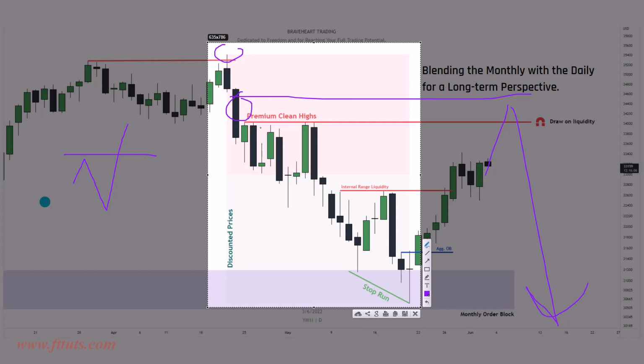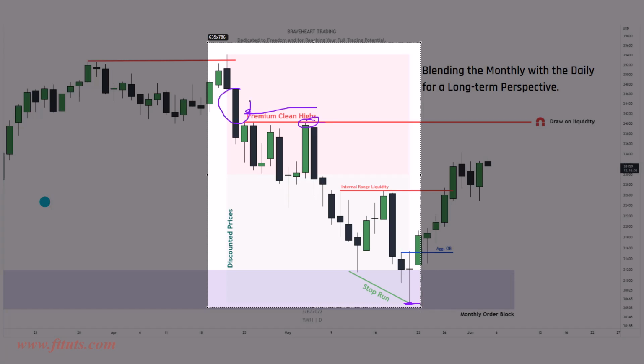And this is internal range liquidity. But if you're using this dealing range here, it's not a key high to be drawing out your dealing range. Alright? Because first of all, look to the left, it's clean. Second of all, it's going to stab up into this and rebalance this anyways. So there's no point of drawing your Fibonacci from this high to this low. Use a key high like this one here.